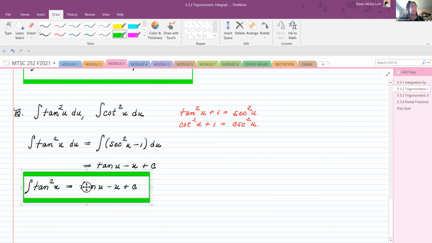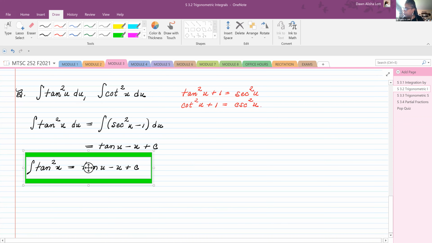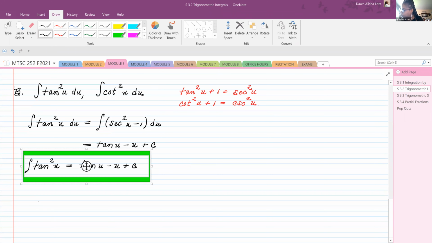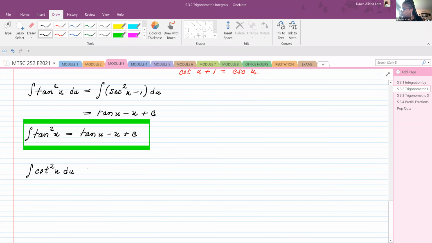Okay. All right, and the integral of the cotangent squared of u du. Well, we're going to trade off cotangent squared as cosecant squared minus 1 du.